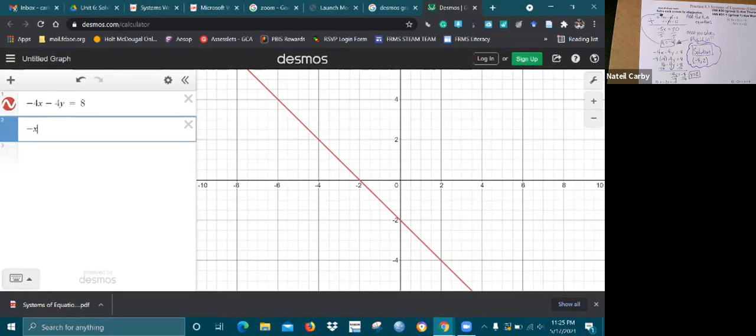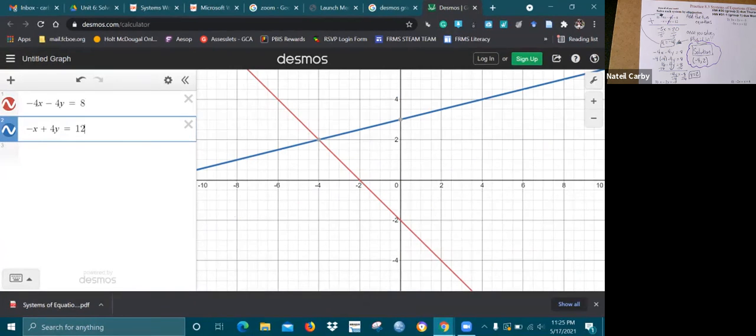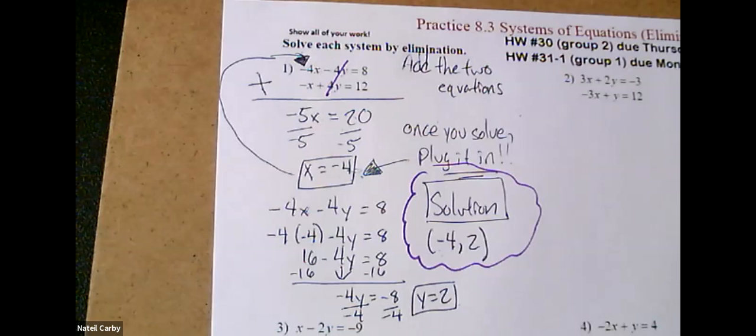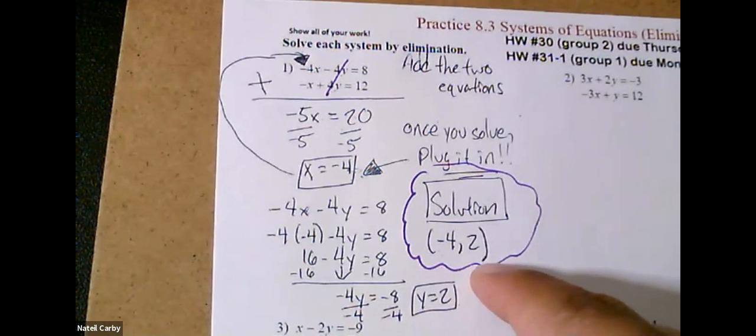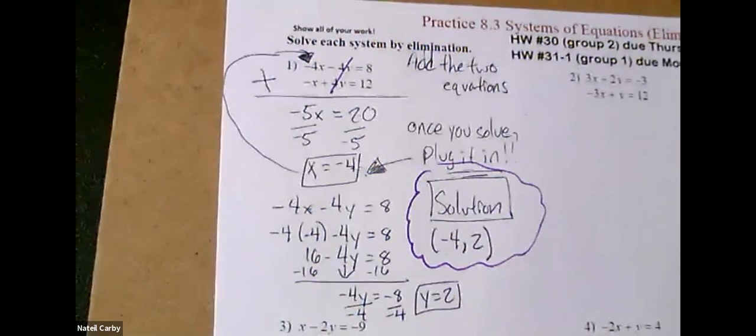We have negative x plus 4y equals 12. So when I look at my solution, it's negative 4, positive 2, which is the answer that I got when I solved it. So always check your answer using Desmos. Okay, let's do this one over here, number 2.